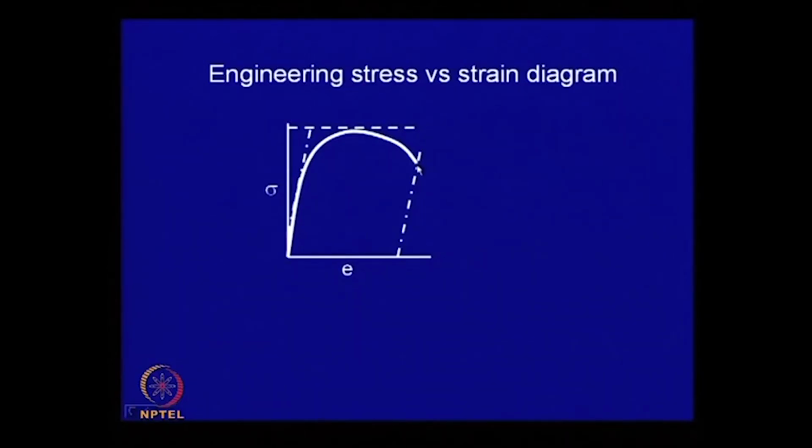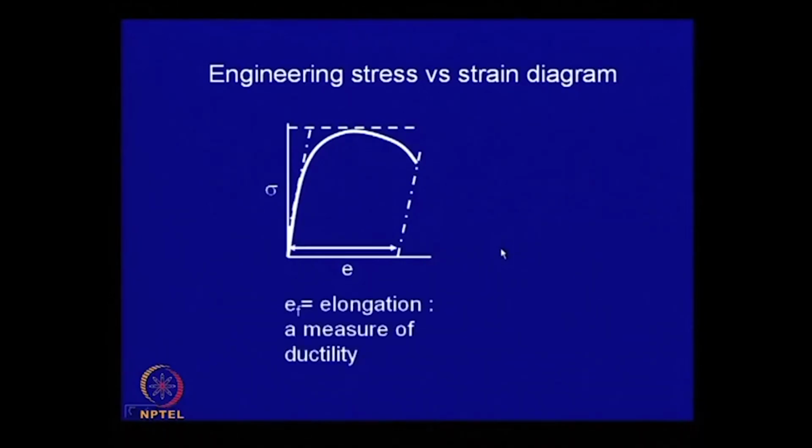And once it fractures, there will be some relaxation, that elastic part of the stress which is reversible is eliminated. So, you move like this, and if you measure this distance or this strain, we call this strain ductility or elongation.